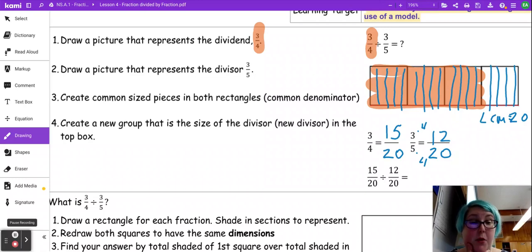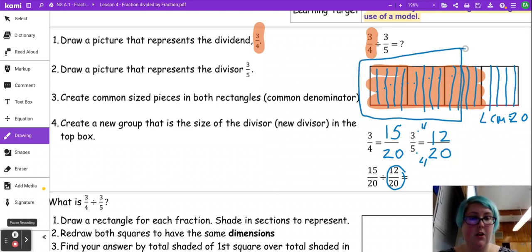Our regrouping, because remember, the divisor right here is how many of those groups are in our original fraction. So how many 12/20s are in 15/20? Oh, well, we can do that. We can count 1, 2, 3, 4, 5, 6, 7, 8, 9, 10, 11, 12 right here. So now our new grouping, because we're looking for groups of 12, we have one group of 12.